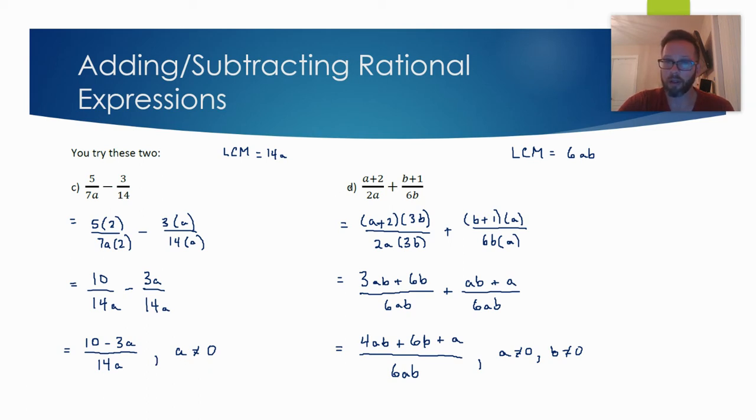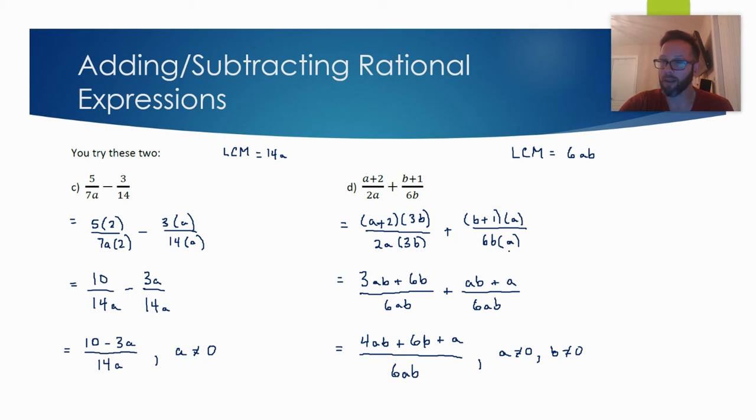In D, the lowest common multiple is 6b. The lowest common multiple of the numbers 2 and 6 is just 6. And obviously the first term needs a b, the second term needs an a. So to make the first expression have 6ab on the bottom, you need to multiply it by 3, you need to multiply it by b. So 3b.